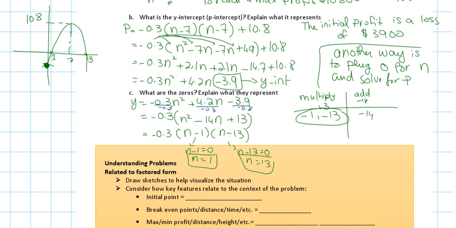To make 0 profit, I have to sell 1,000 chocolate bars or 13,000 chocolate bars. That will be my 0 profit. Can I write the sentence here?